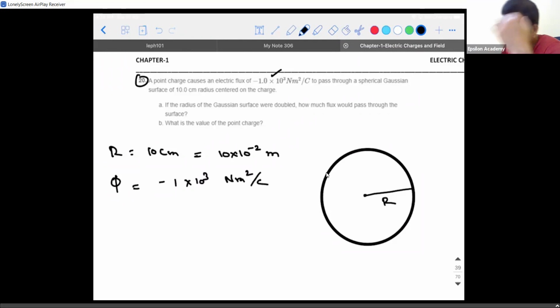If the radius of the Gaussian surface were doubled, how much would be the flux passing through the surface?